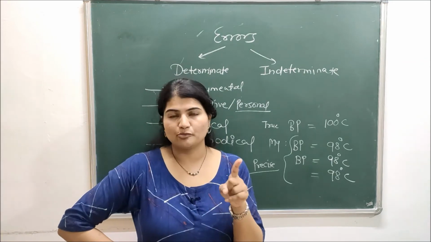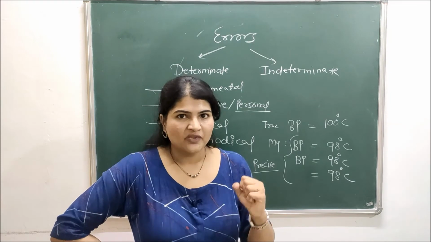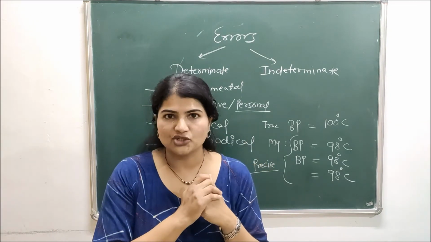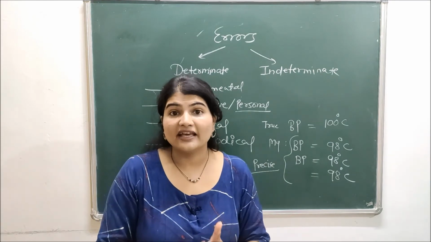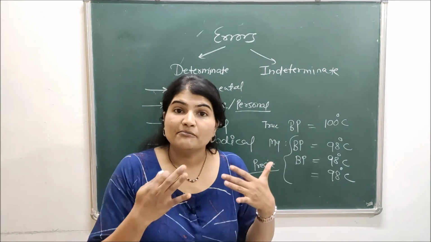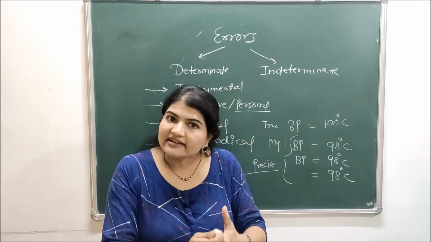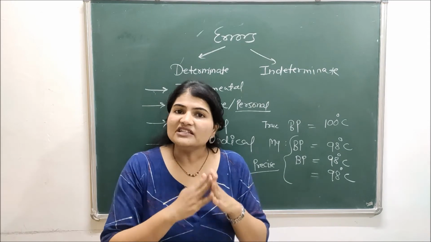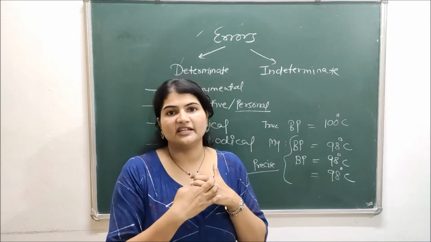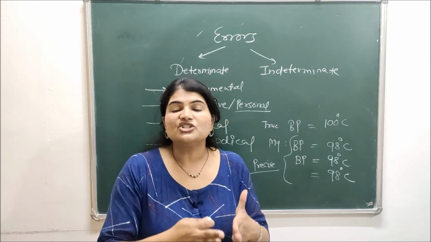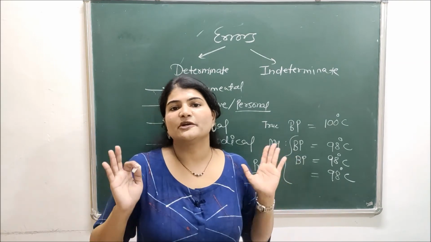Now I will tell you one more point: how the accuracy is expressed. What is accuracy? Your value and true value should match. Whenever they are matching, there is accuracy. If they are not matching, then they are not accurate, meaning there is an error. Now we can express the accuracy in terms of error. The very simple method by which you can express error is absolute error. In absolute error, we just take the difference between measured value and true value with respect to sign.